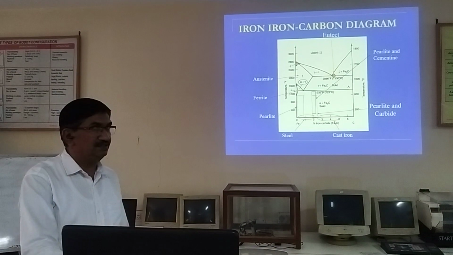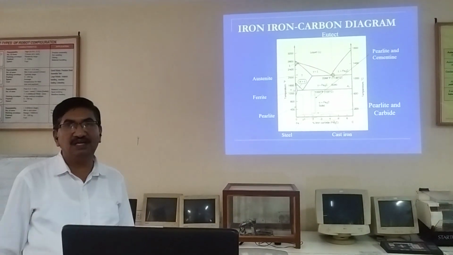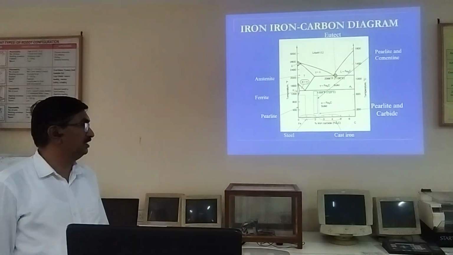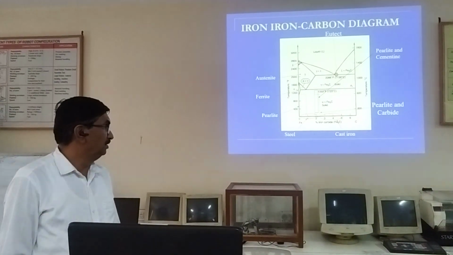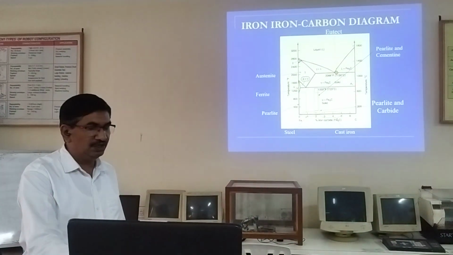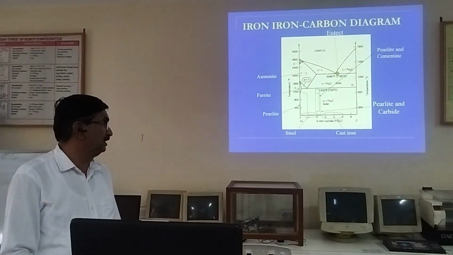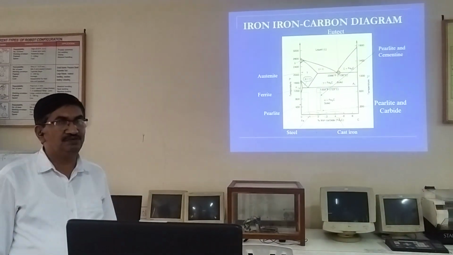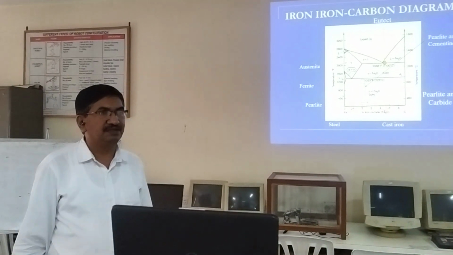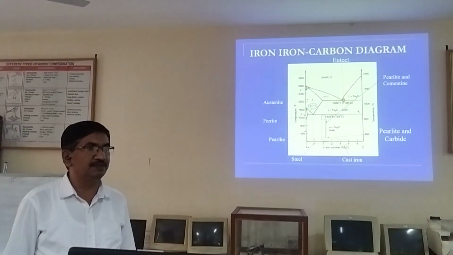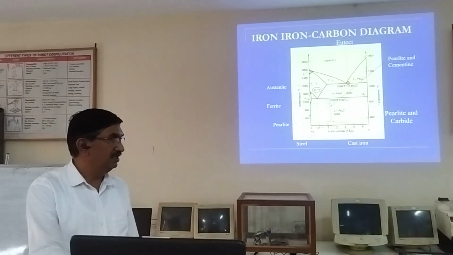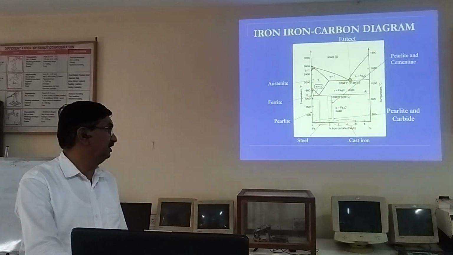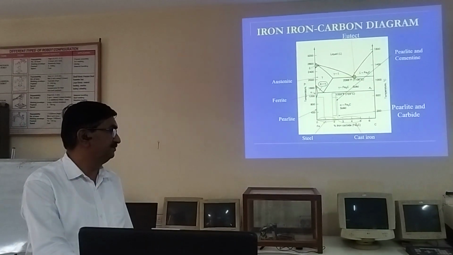So there are three invariant reactions that take place in the iron carbon diagram. First is the eutectoid reaction, which takes place at a temperature of 723 degrees centigrade and carbon percentage of 0.08%. In this phase there is the formation of pearlite.